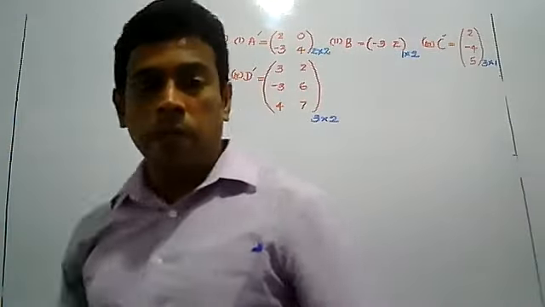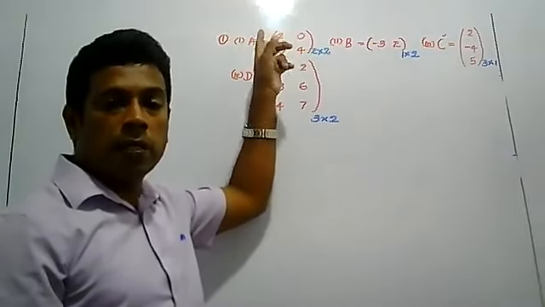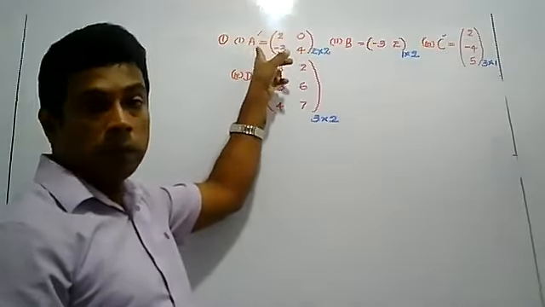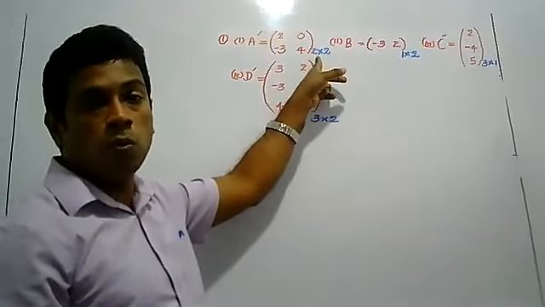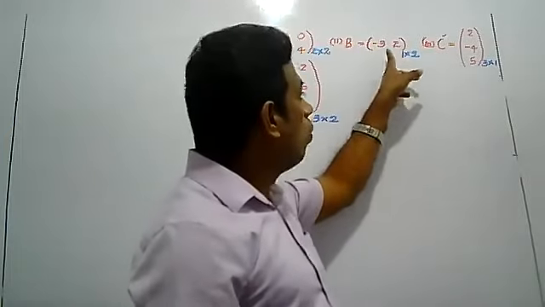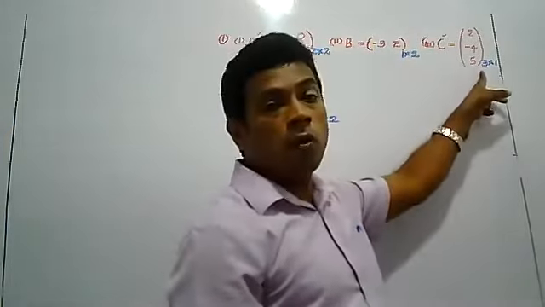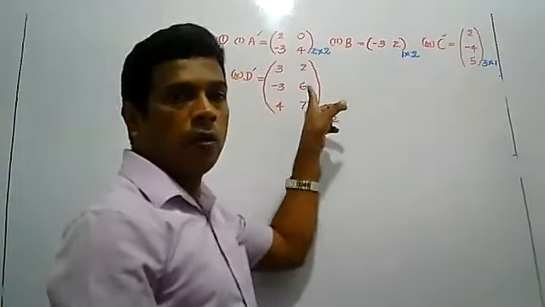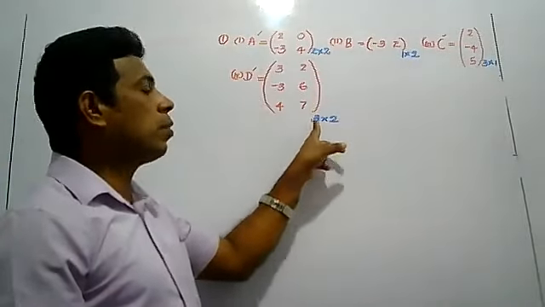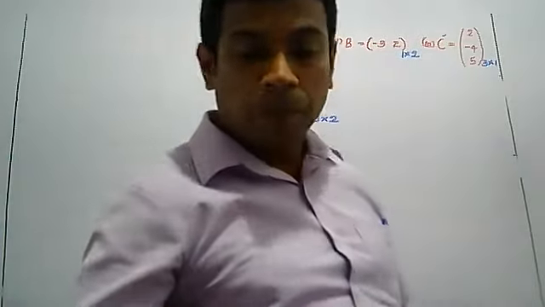Matrix A dash, transpose of matrix A is A dash, order of the transpose 2 by 2. Matrix B, order 1 by 2. Then here also 3 rows and 2 columns. That is the answer for question number 1.